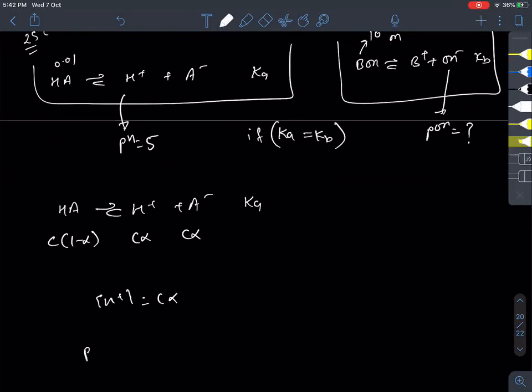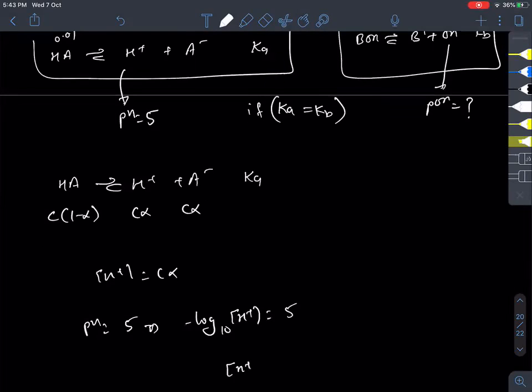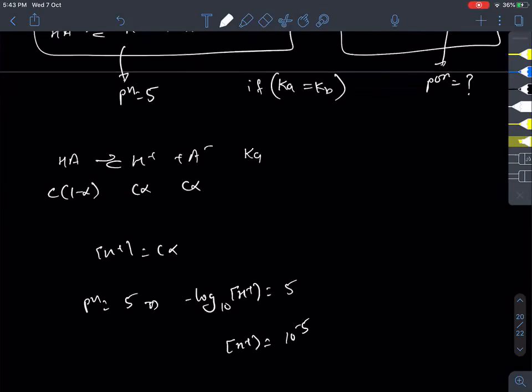So pH is how much? 5, which means, if you want to write in terms of log, minus log to the base 10 of the H plus ion is equal to 5. So the concentration of H plus ion will be 10 to the power minus 5.